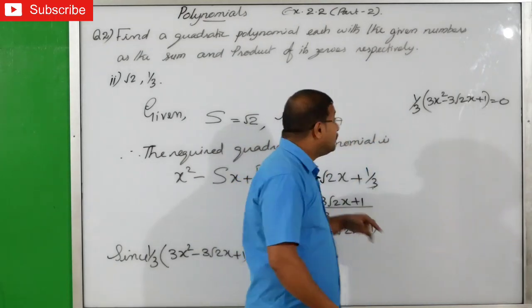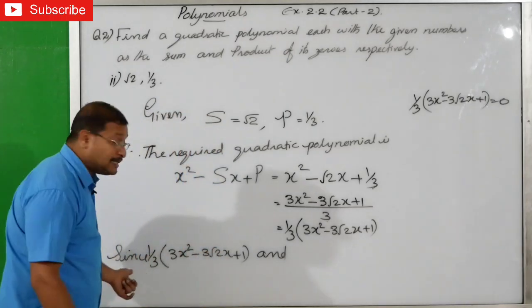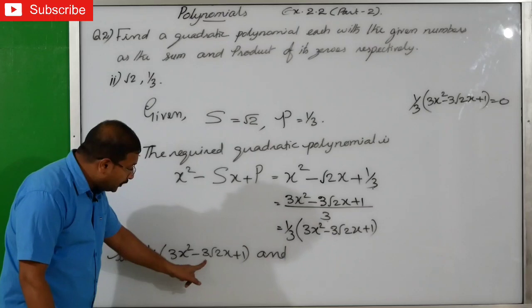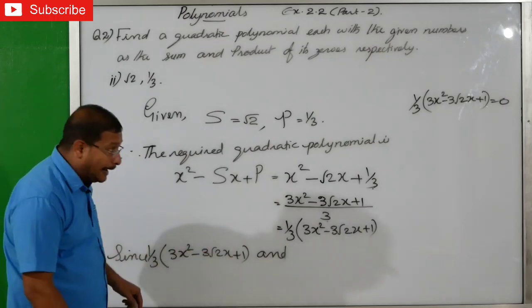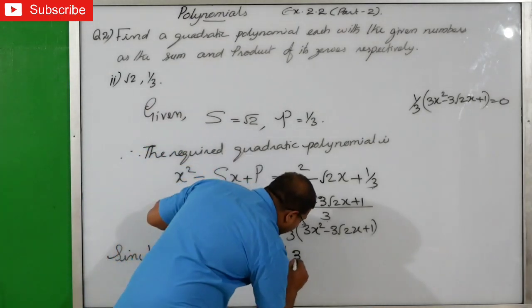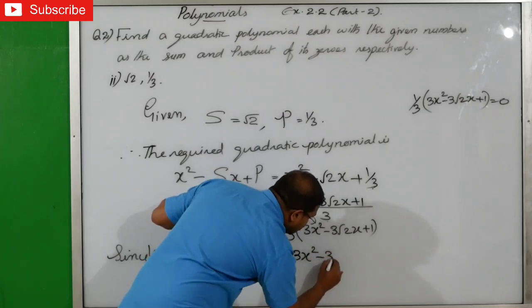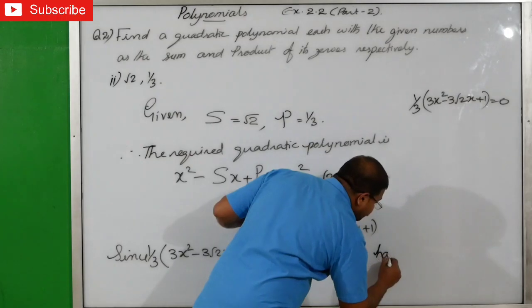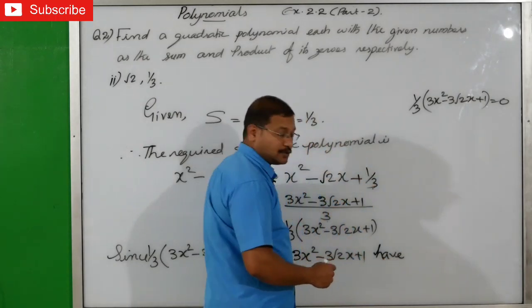That is what you can write. Since 1 by 3 into 3x square minus 3 root 2x plus 1 and 3x square minus 3 root 2x plus 1 have same zeros.